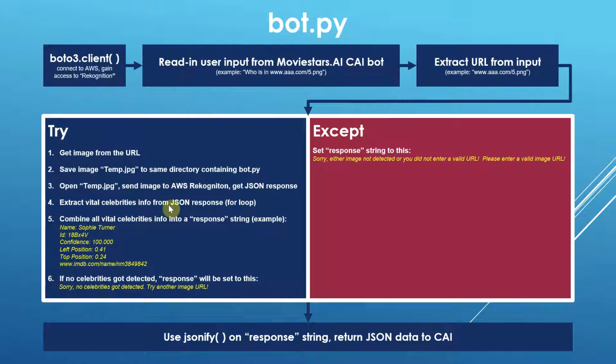Of course, the JSON response is kind of ugly looking and not really readable for most humans. So we have to extract the vital celebrity info from the JSON response using a for loop. After you get all the information regarding the celebrities, you combine all the vital information into a response string.